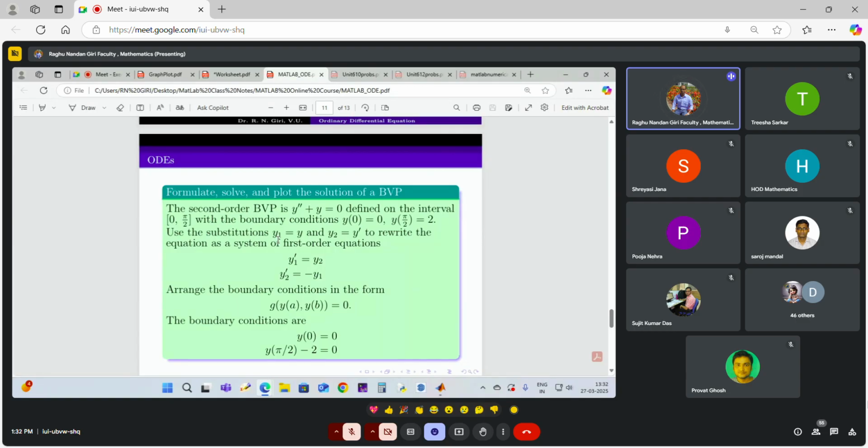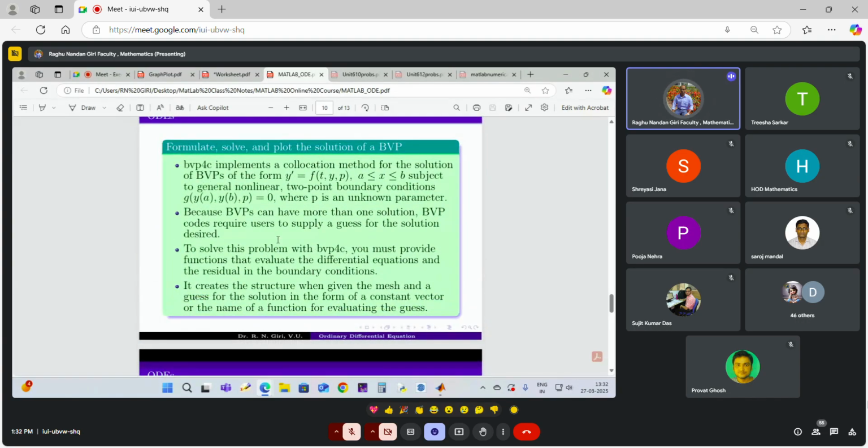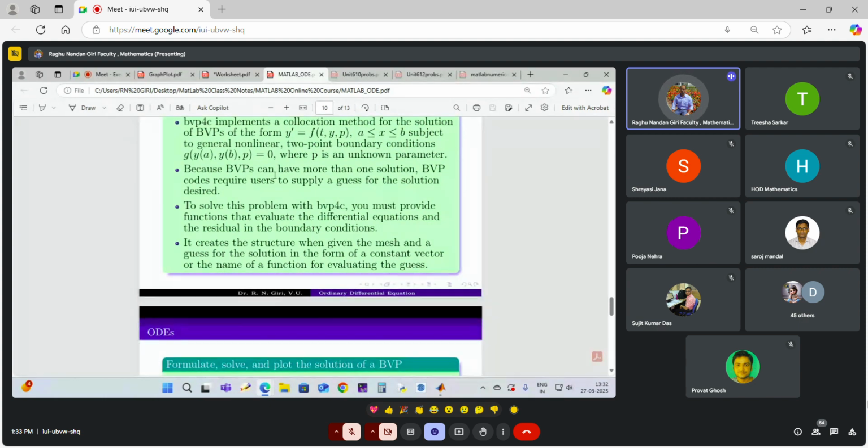Then for the boundary value problem, there are some other techniques, there is a function, bvp4c. First, we have to convert the higher order ODE to a simultaneous system of first order ODEs.